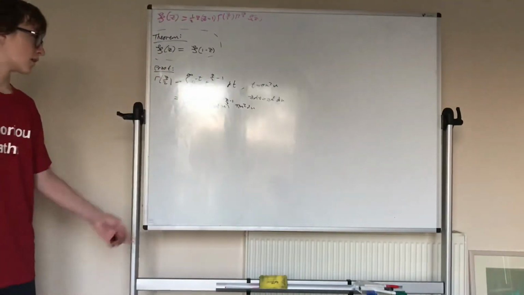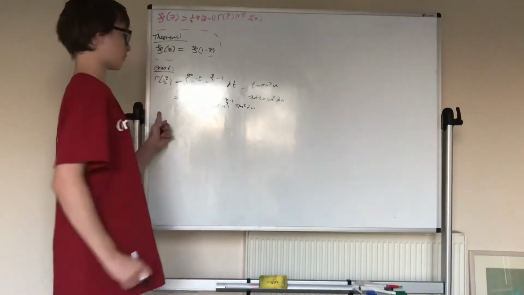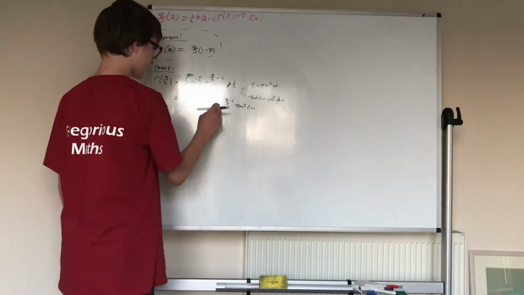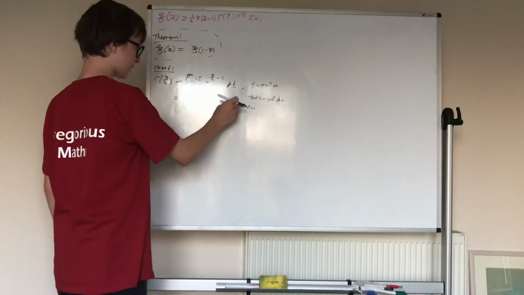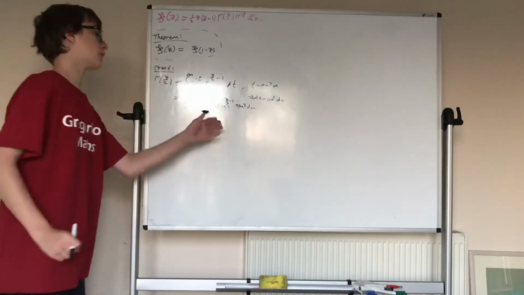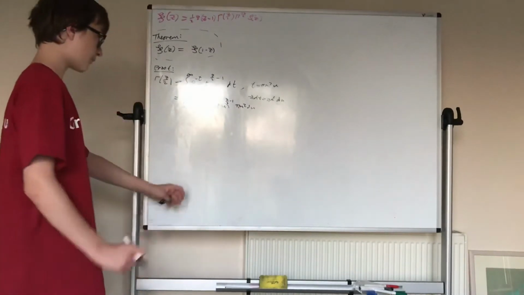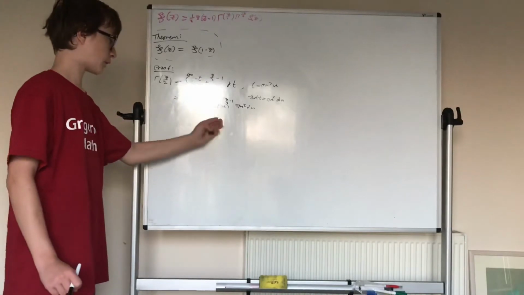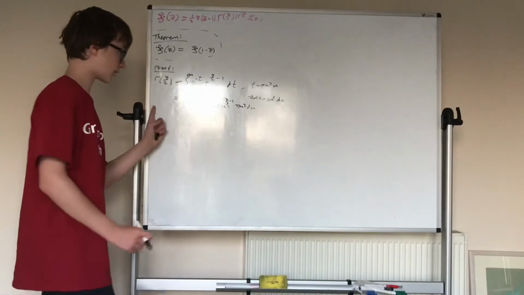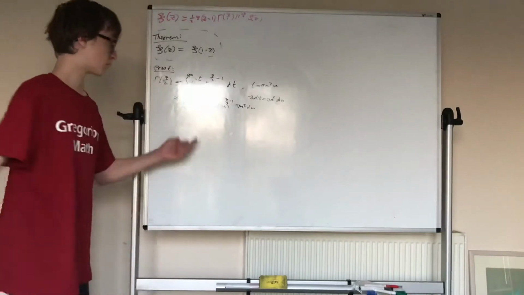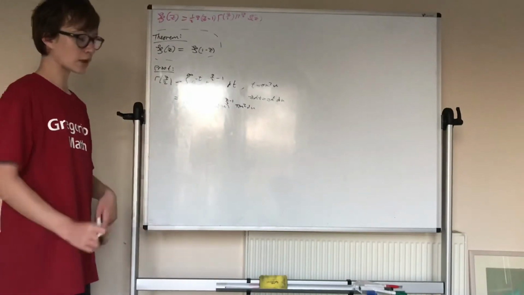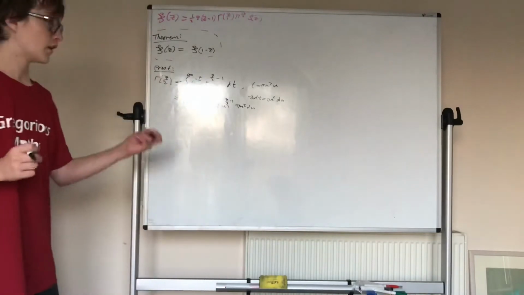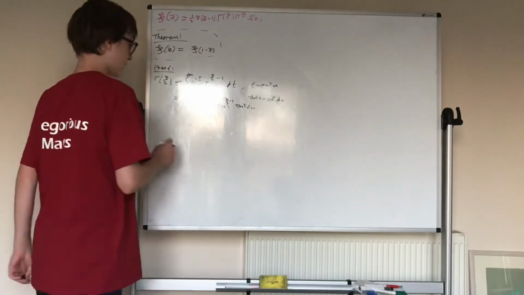Now some of the stuff will cancel and we'll move some of the other stuff to the other side. So, if we have pi n squared to the z over 2 minus 1 times pi n squared, we get pi n squared to the z over 2. Then, because those are constants, we can move them to the other side. Pi to the z over 2, moving it to the other side, will become pi to the negative z over 2. And n squared to the z over 2 is just n to the z, so moving it to the other side, we'll get n to the negative z.